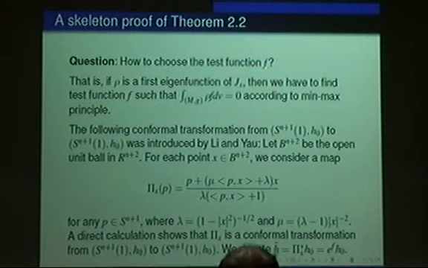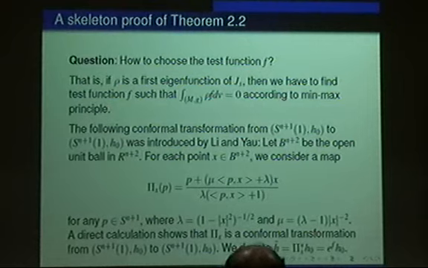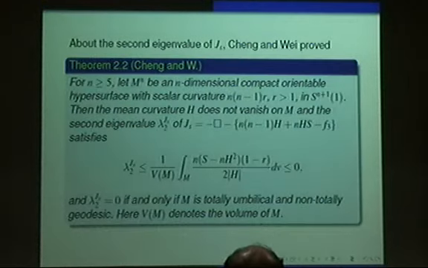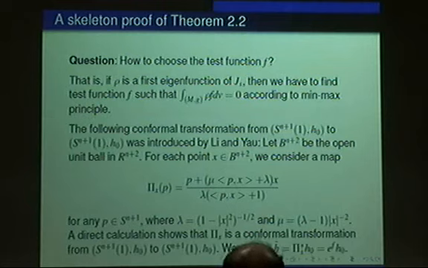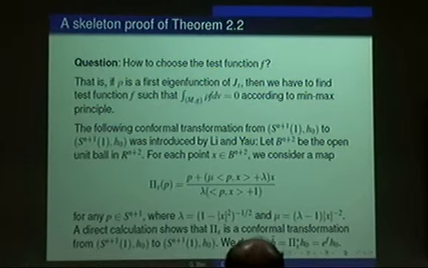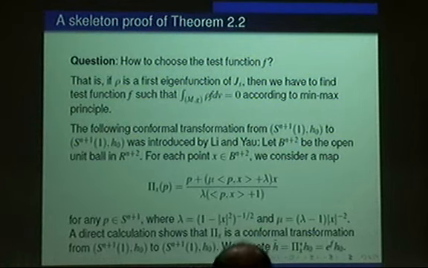Since in this theorem we want to compute the second eigenvalue, that is to say, if rho is a first eigenfunction of the Jacobi operator, then we must find the test function f such that the integral of rho and f equals 0, according to the minimax principle. So we should find a test function f satisfying this equation.